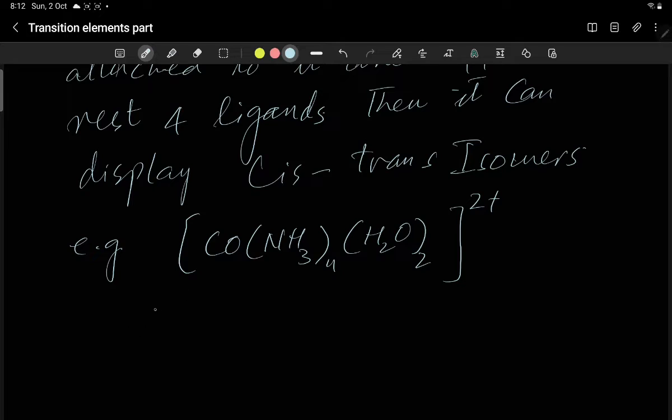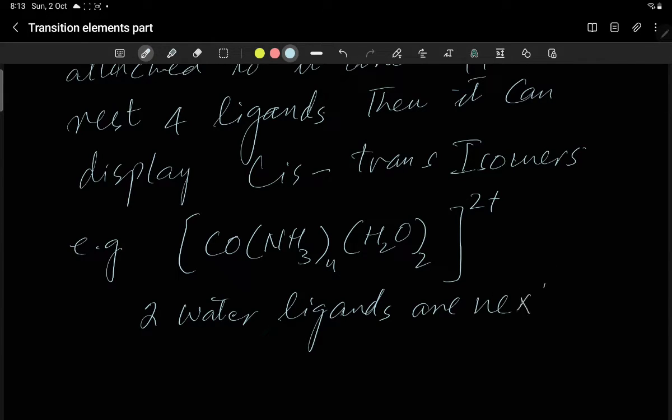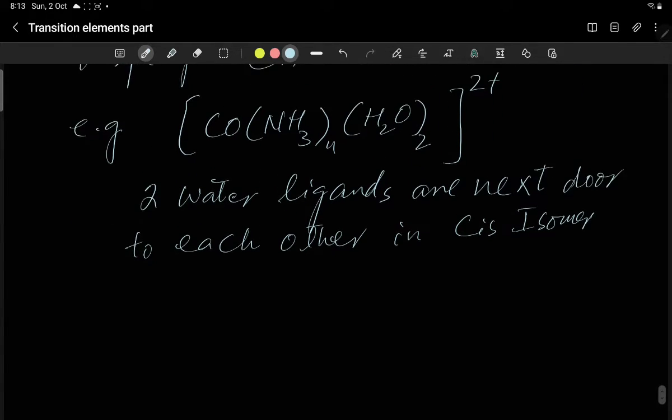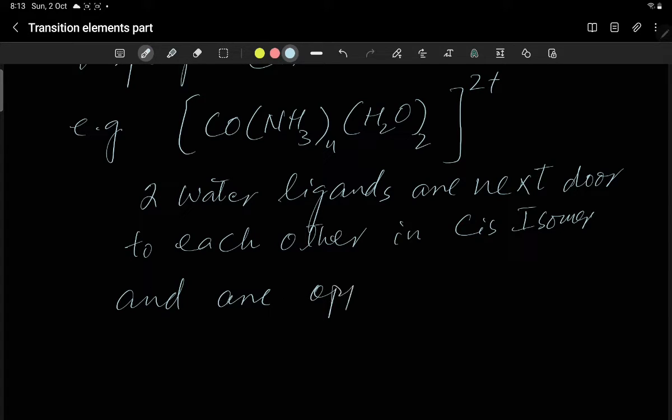In this, the two water ligands are next door to each other in the cis isomer and are opposite in the trans isomer.